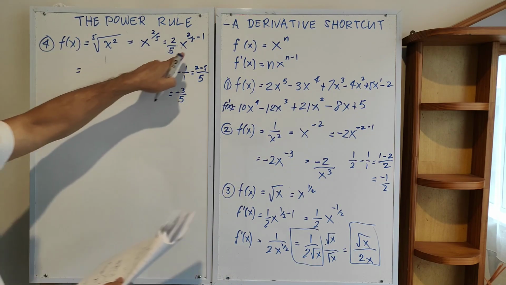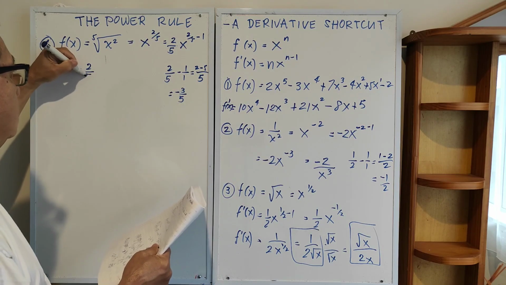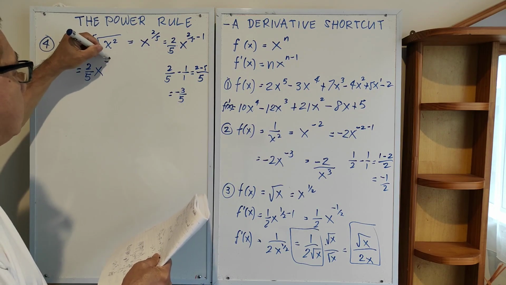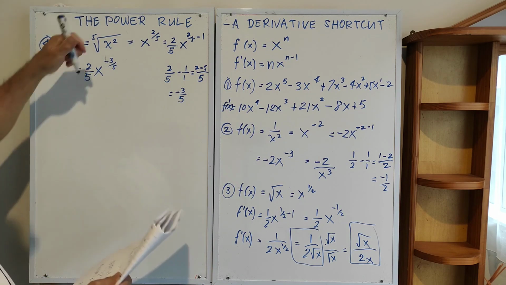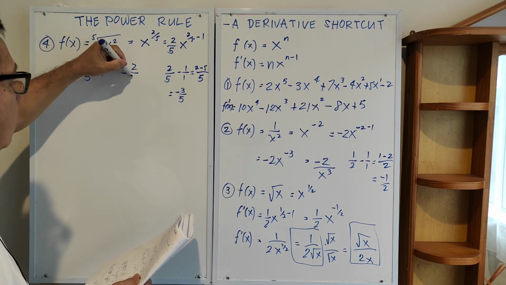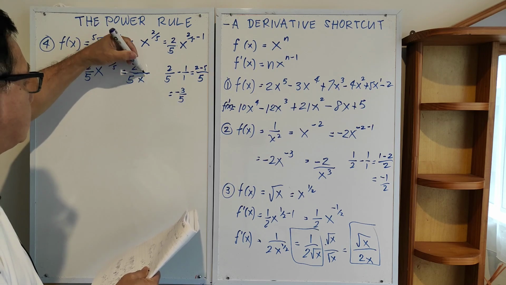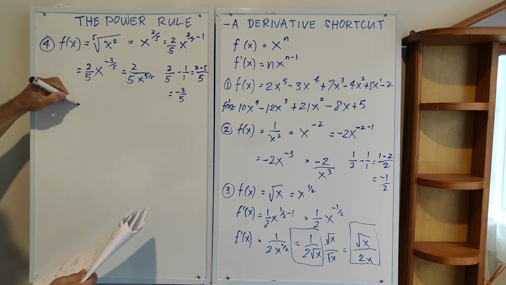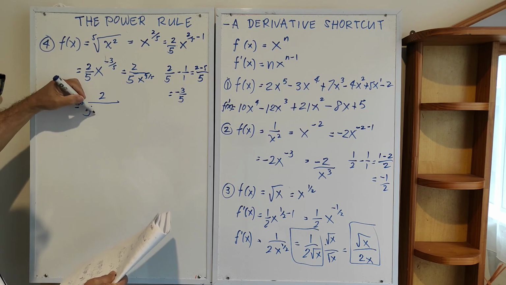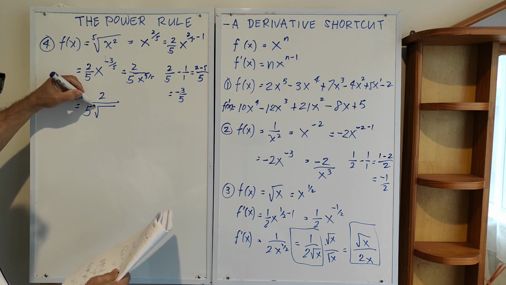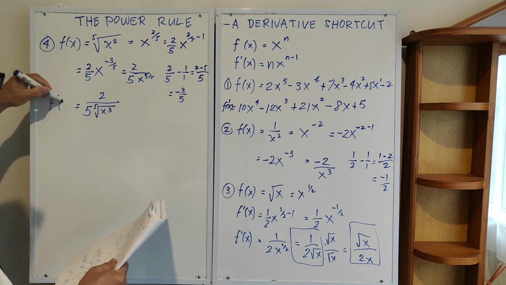So the answer for 2 over 5 minus 1 becomes x to the negative 3 over 5. Or you can bring this into the denominator, so this becomes 2 over 5 over x to the 3/5. You can rewrite this as the 5th root of x cubed. So this is your f prime of x.